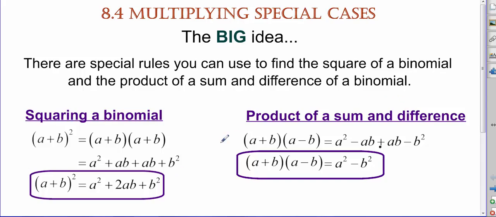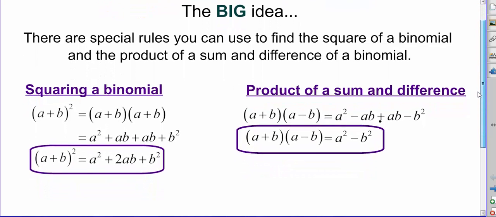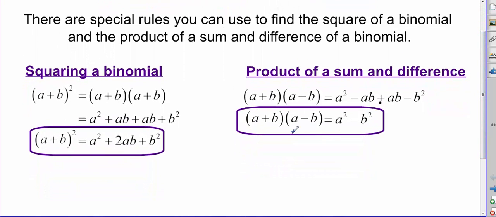And then also when you're doing the product of a sum and difference, you've got basically a formula developing there as well, and that's the one where we've got that center couple of terms that basically cancel each other out. So then you end up with simply a squared minus b squared, or some people call that the difference of two squares. So we have one more formula that we need to add to this.